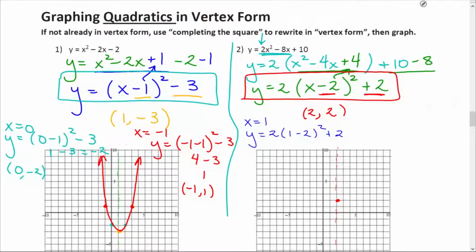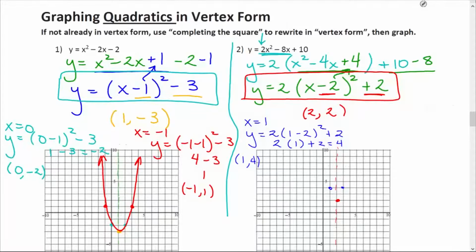Negative 1 squared is positive 1. So I get 2 times positive 1 plus 2. 2 times positive 1 is 2, plus 2 is 4. So I get the point 1, 4. I can graph 1, 4, it's right here. Okay, but because it's symmetric, I get one on the other side as well, one space away from the line of symmetry.